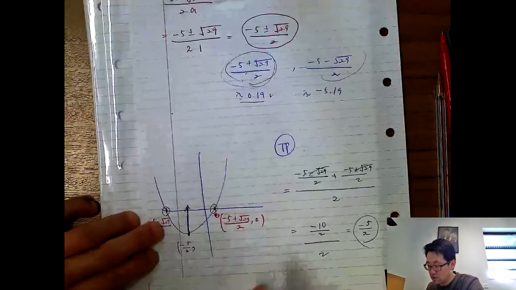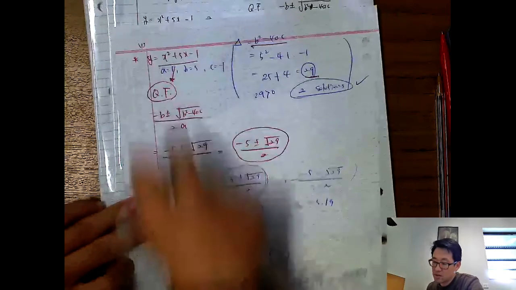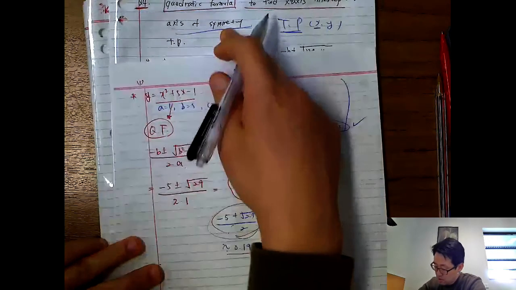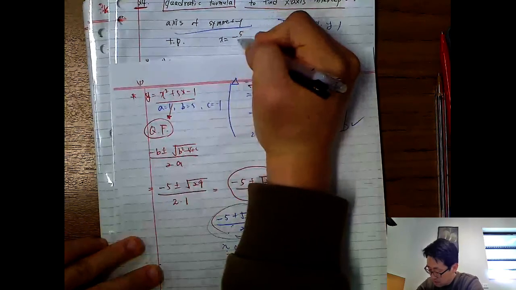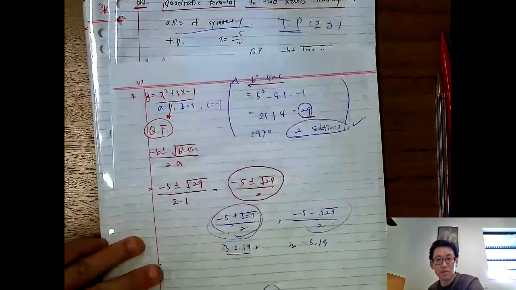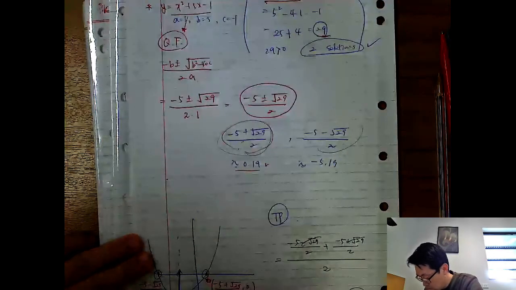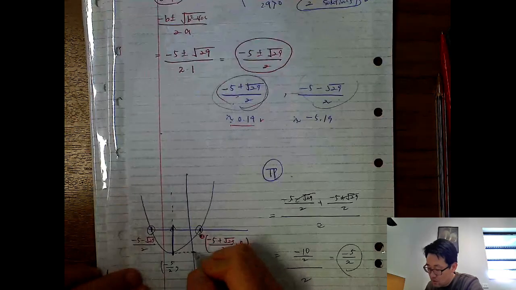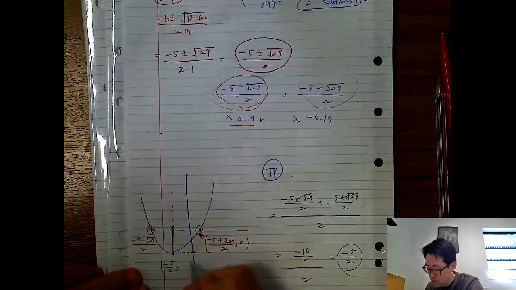Okay? So in this case, the axis of symmetry is going to be x equals minus 5 over 2. Okay? And how can I get the turning point? All I need to get is the y value. Since we have the x value, we need to get the y value.